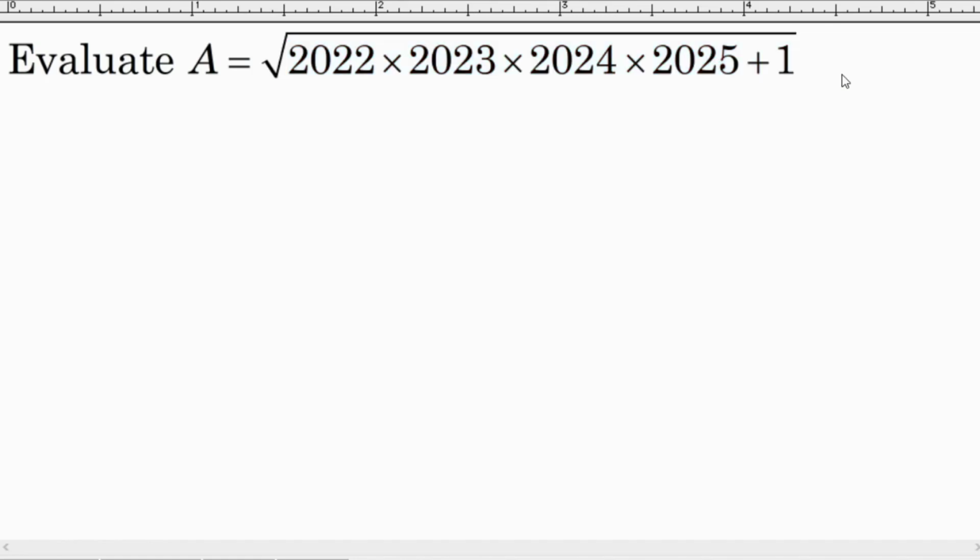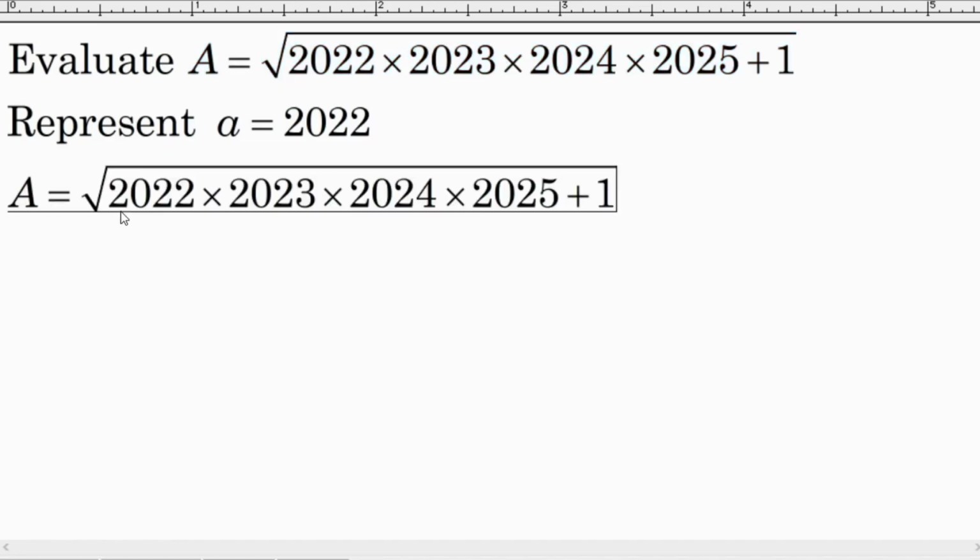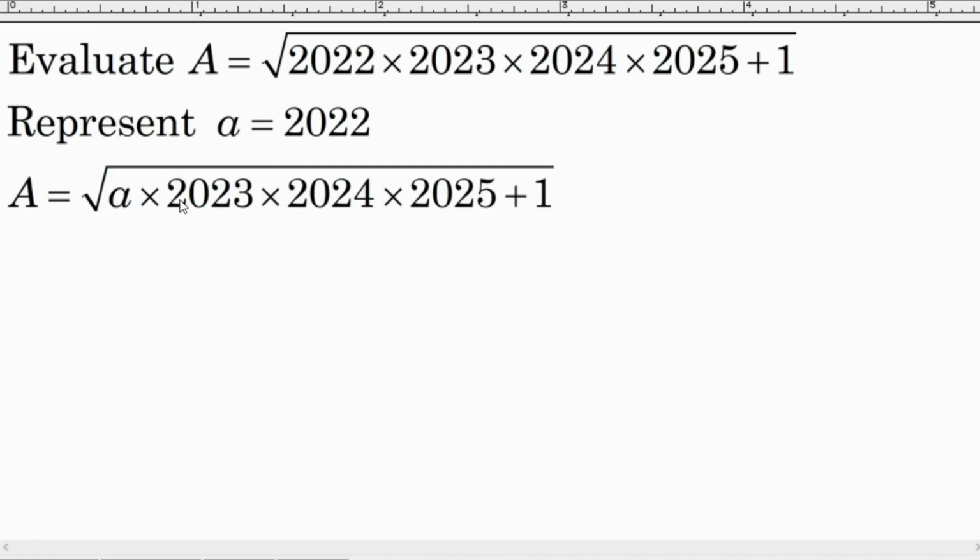Okay, so first thing, we represent a equal to 2022. Then we can take a and substitute into this quantity, right? So the first factor will change to a, and here is going to be a plus 1, right?